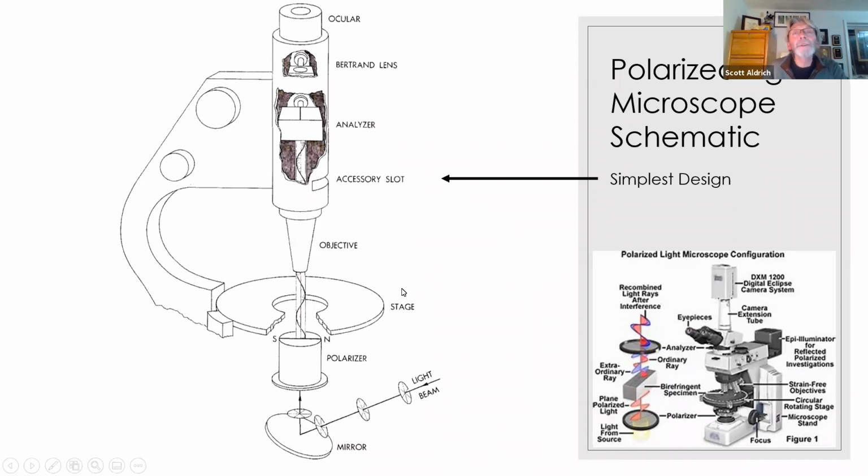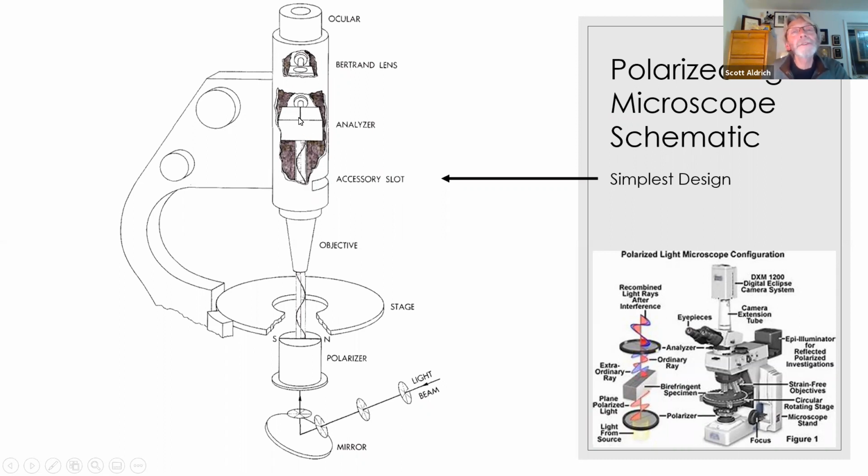Here's a diagram of a simple polarized light microscope where we're still using a mirror, but we've got an incident light beam of white light, and it's reflecting off the mirror, going through a polarizer. Specimen would be on the stage here, passing through the objective. There's an accessory slot in case we want to modify that illumination.